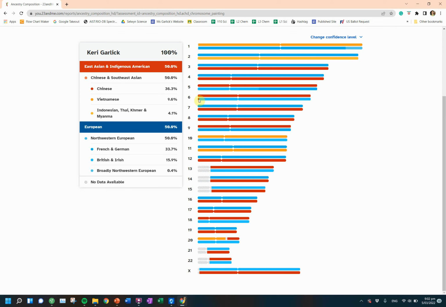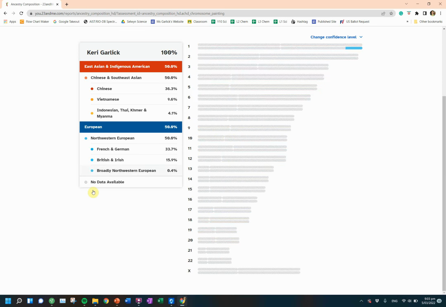We do see this little bit of red for some reason in my European chromosome. I'm not really sure what that is. They're still collecting data with these chromosomes and 23andMe, and there's stuff that they don't know yet. But it'll be interesting to see a DNA profile of my potential offspring, because they're obviously going to look very different, and that's going to influence what traits they get.